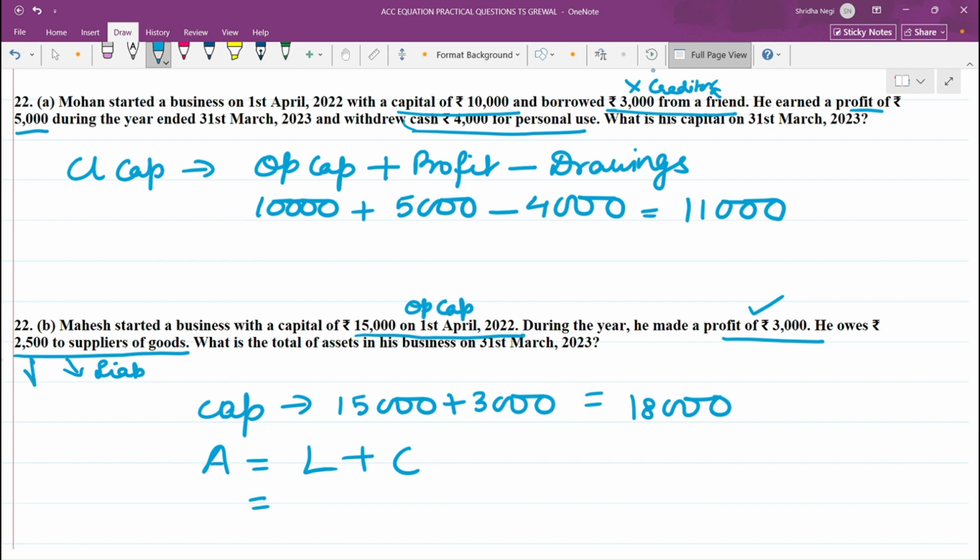Liability is 2,500. The amount that he owes to the supplier of goods, that is the liability. And capital हमने calculate कर लिया, it's 18,000. So what is the total? It is how much? 20,500 is the assets of Mahesh on 31st March 23.